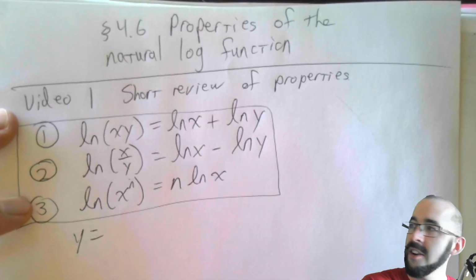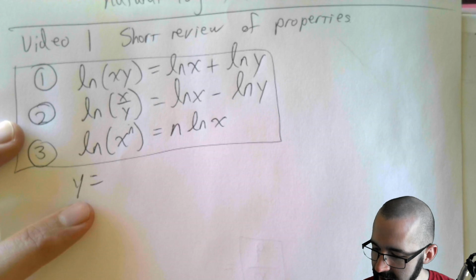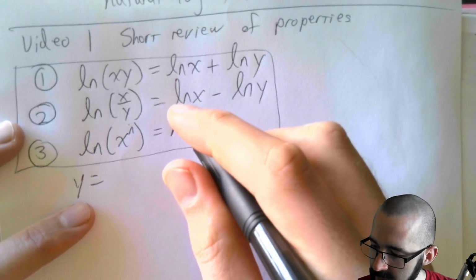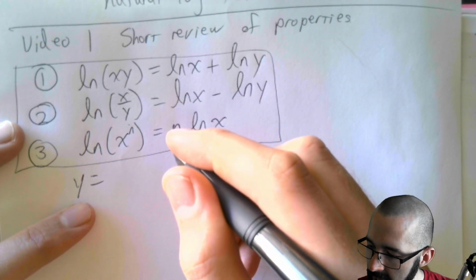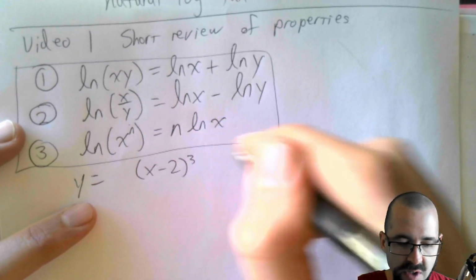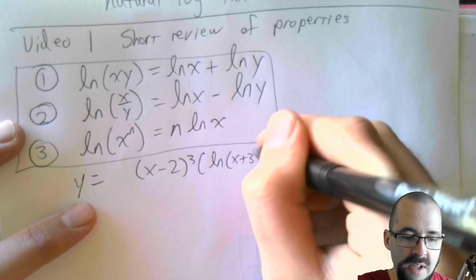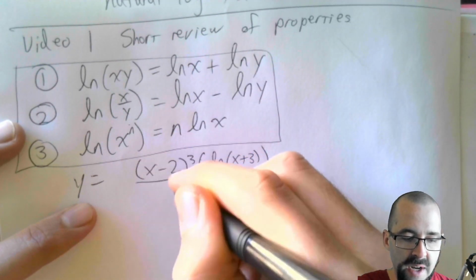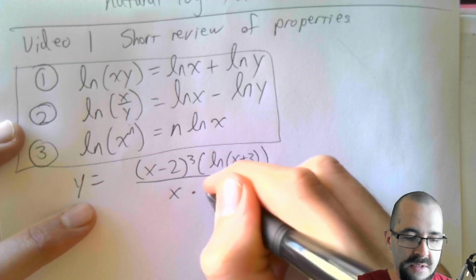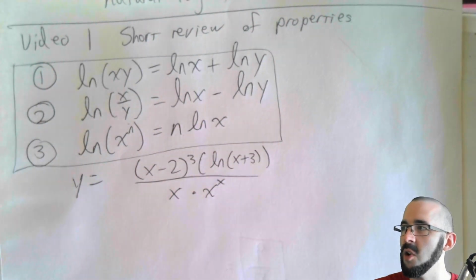Eventually, by the end of the section, we're going to differentiate something like this: (x minus 2) cubed times the natural log of (x plus 3), divided by x, times x to the x power or something. We're going to be able to differentiate something like this, no problem.